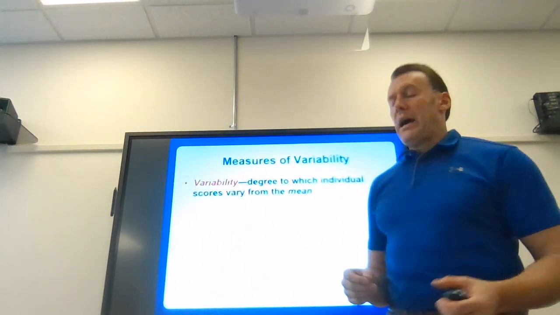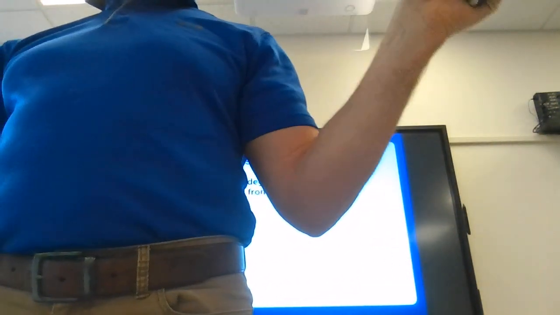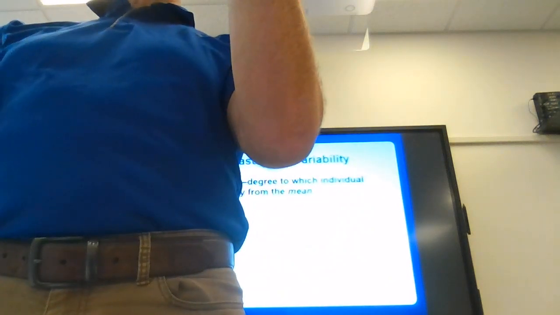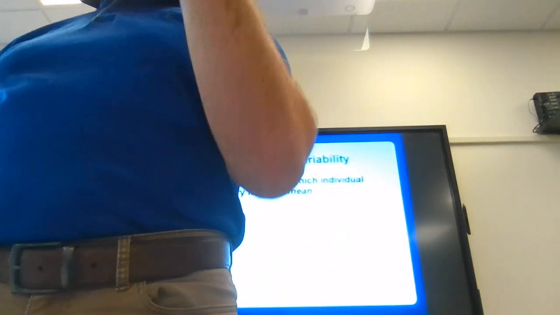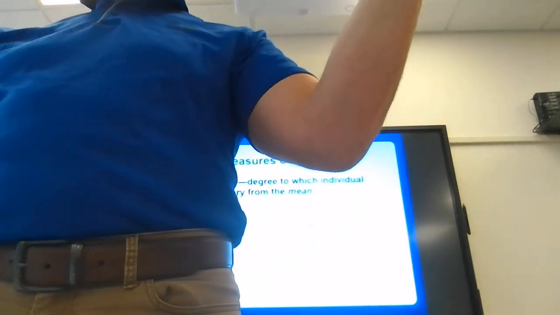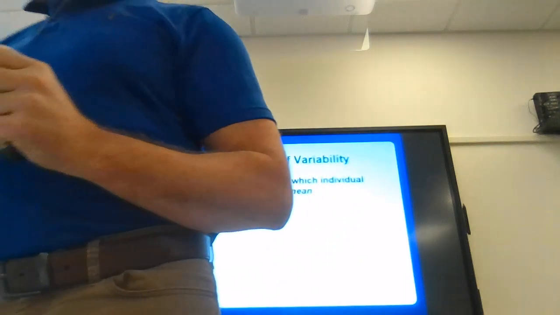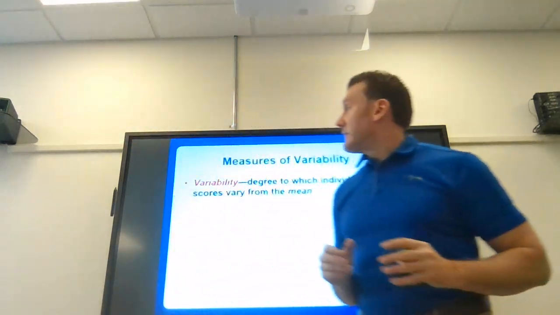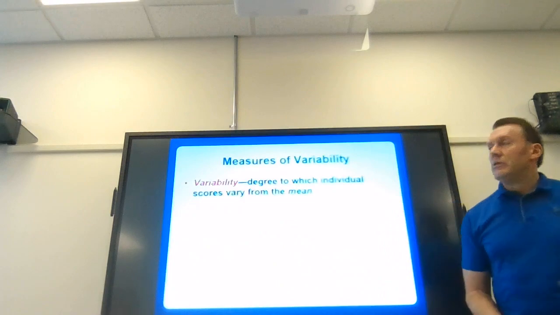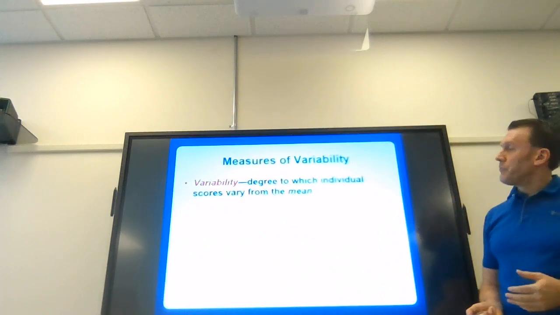If you have two different means and the standard deviations are relatively tight, meaning close to the mean, it's more likely that you'll have significance versus two means with very large deviations. If there's a large variability between two means, you're going to get a lot of overlap in scores. And the more overlap you have in the variability between two scores, the less likely you are to get significance. You'll see what that means here with some examples.